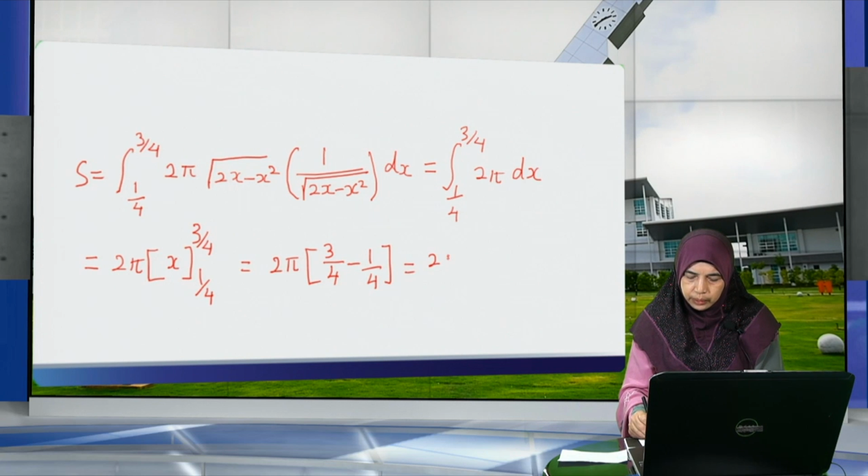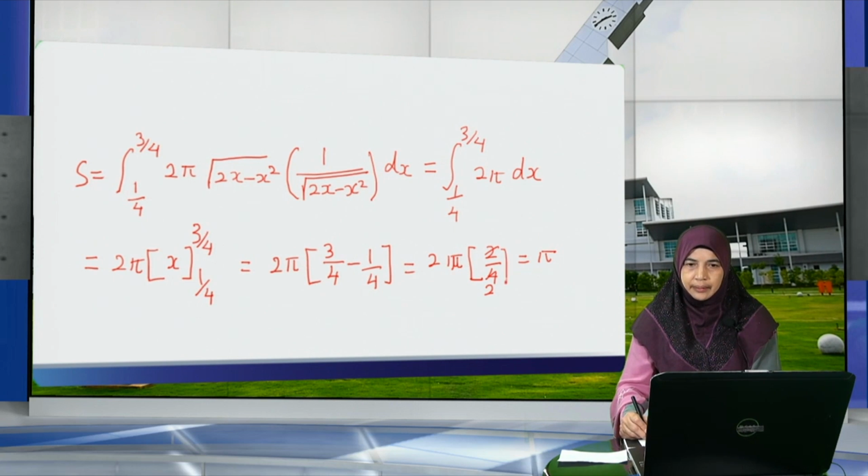And we will get 2 pi multiplied by, this is actually 2 over 4. 2 over 4 is actually half, and that times by 2 will give you only pi. Okay, that's for number 1.